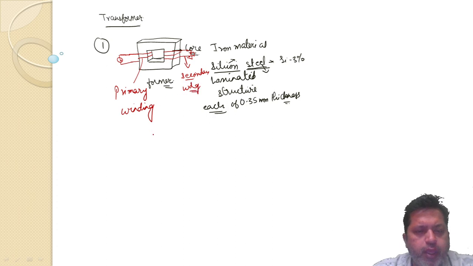Now we want to model these two parts, core and winding. First of all, we see winding modeling.